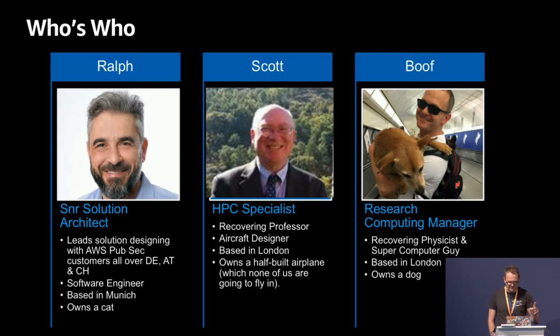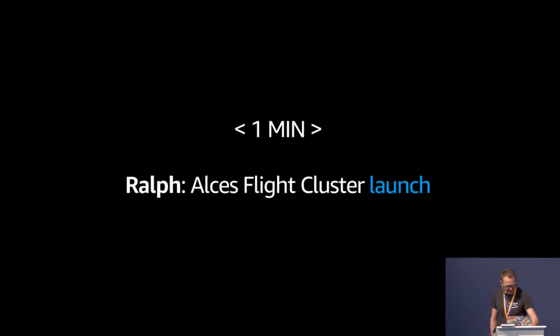Now, for the first thing we're going to do, I'm going to hand over to Ralph to get something running. It takes a second or two for PowerPoint to give up. What Ralph is doing is he's about to launch an HPC cluster.